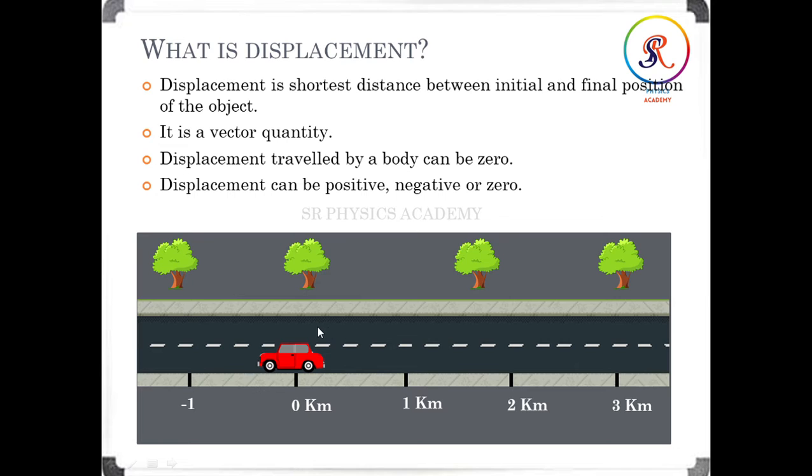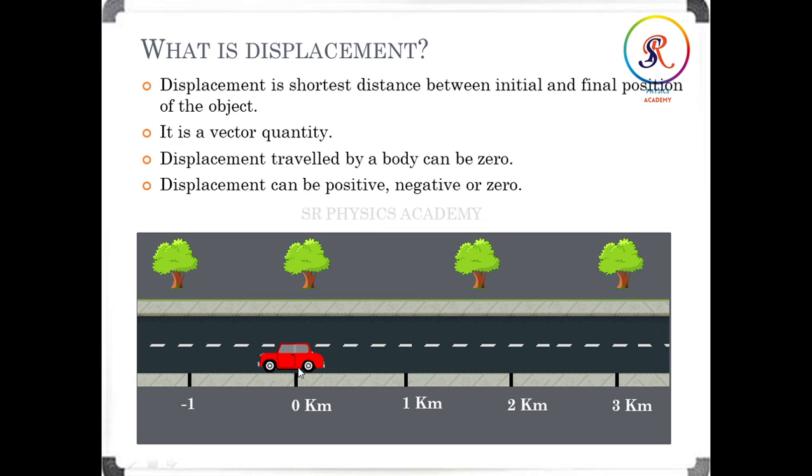What does it mean that displacement increases? It is far away from the initial point. Then again it is coming back to the same position, and the displacement is decreasing. So in this case, the initial point and the final position are the same position it reached. So in this case the displacement will be 0.